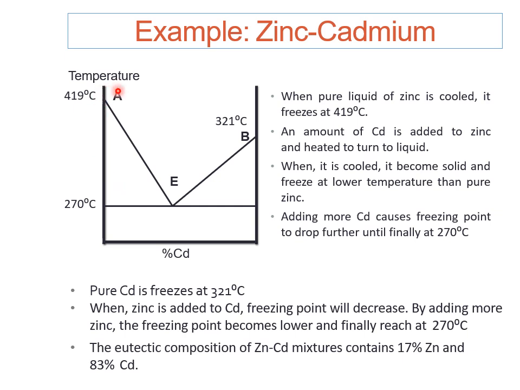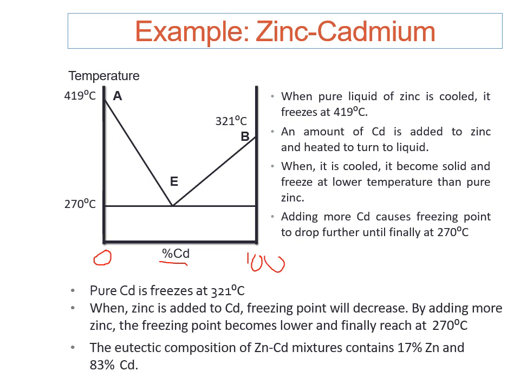For example, this is between zinc and cadmium. So this is cadmium percentage, and this would be zinc. So when we have cadmium here, basically we can presume that this is 0 cadmium, while this is 100% cadmium.